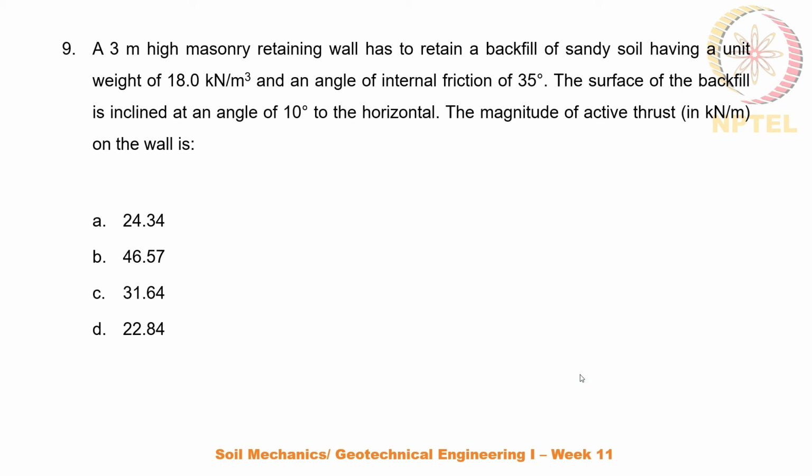We are asked to determine the magnitude of active thrust on the wall. Option A 24.34, option B 46.57, option C 31.64, option D 22.84. So which is the correct option?